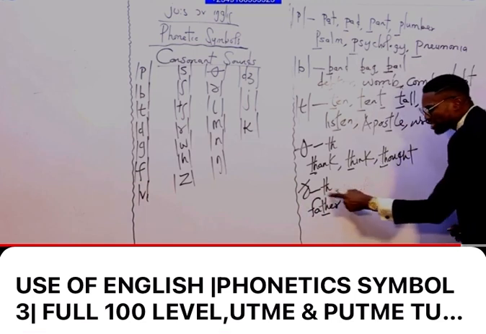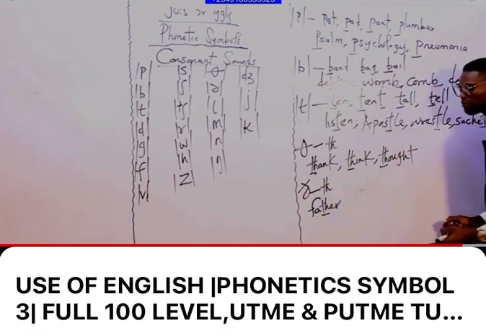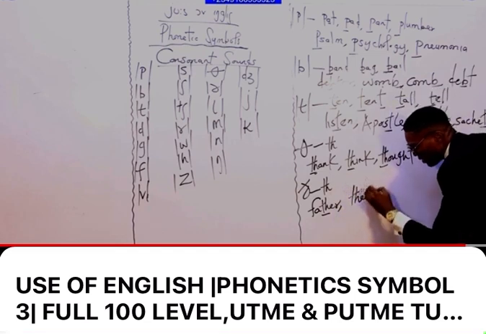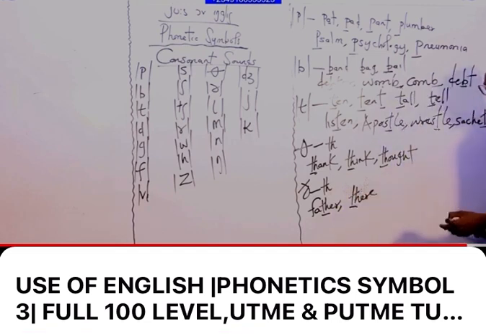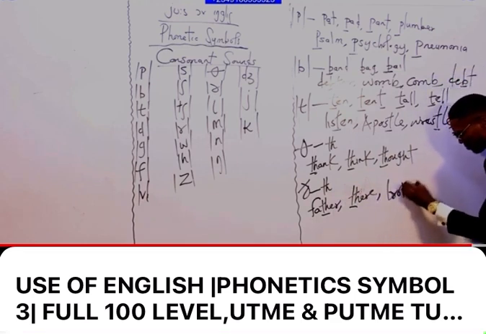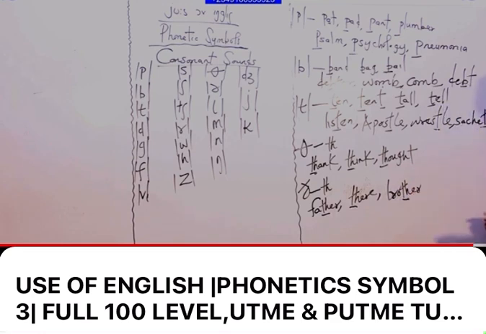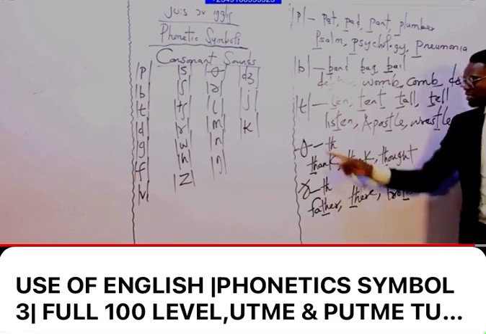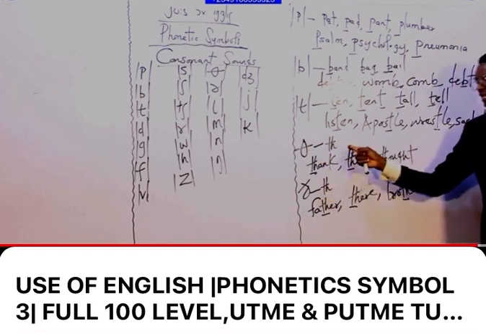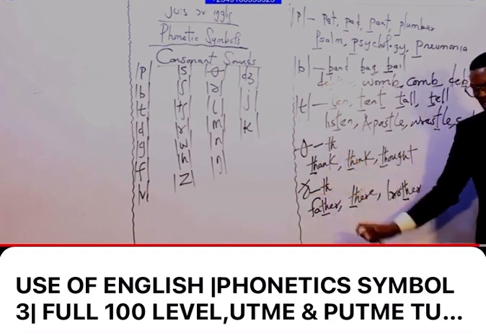The TH here is, of course, voiced. Like I have there. The TH here is voiced. Like I have brother. The TH is voiced. So what differentiates this and this is that this sign is voiceless and this sign is voiced.